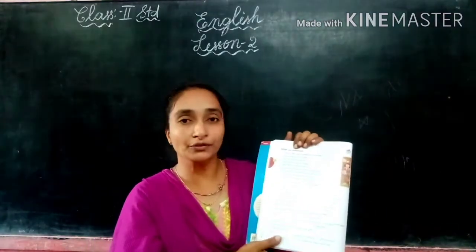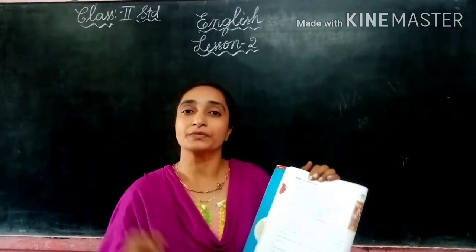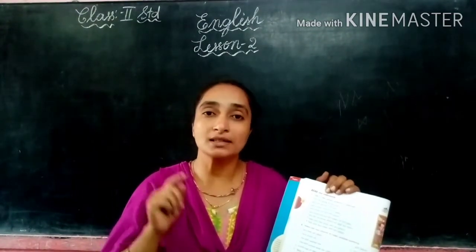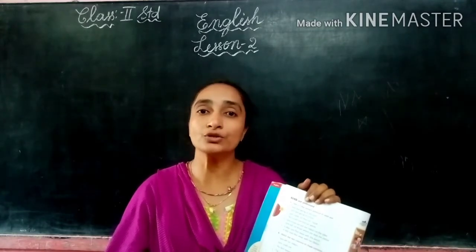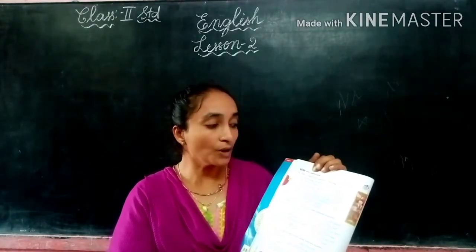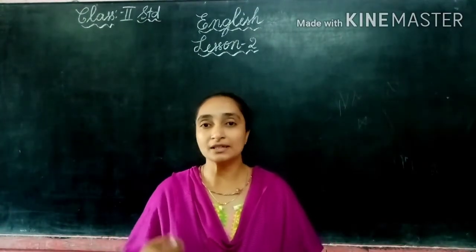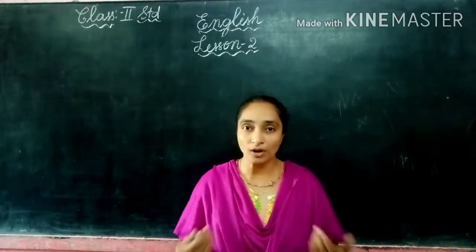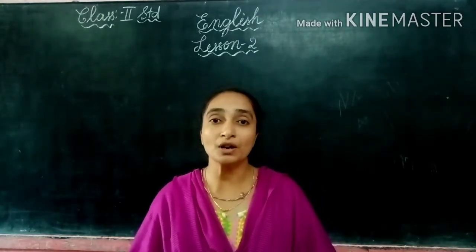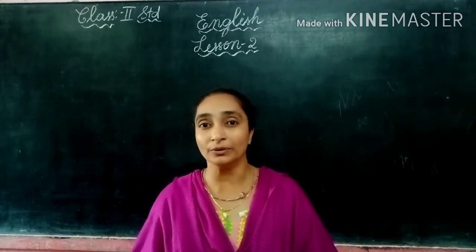So here we have the first one. The first sentence is Sarah was going to the park. And the second sentence is Sarah was going to school. So children, from what we have discussed in the previous class, the lesson, you know already. Where was Sarah going, to the park or school?